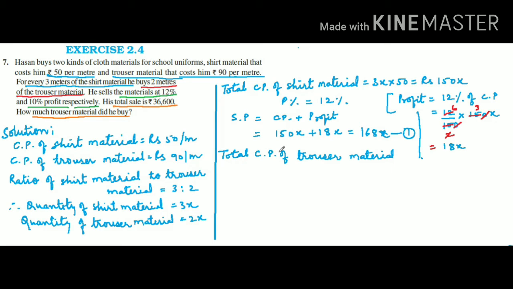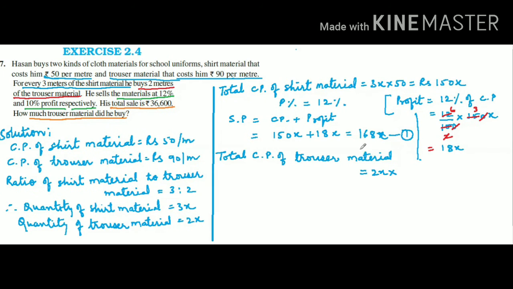So that will be equal to 2x multiplied by 90. 2x is the quantity and 90 is the cost per meter. So it will be rupees 180x. Now selling price is cost price plus profit. Cost price is 180x, but profit we need to calculate.